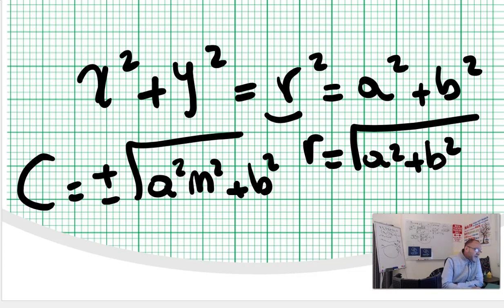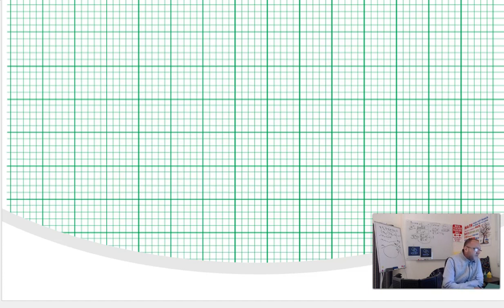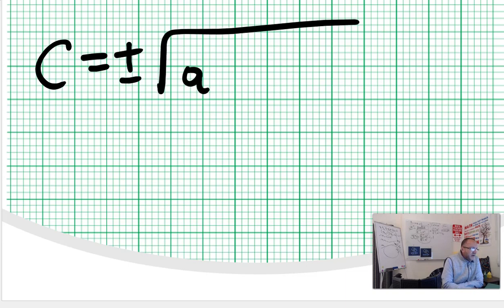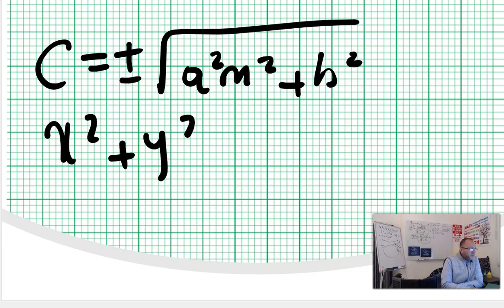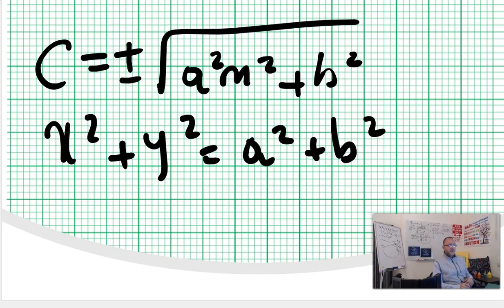And for a line to be a tangent to an ellipse, it has to fulfill this condition, C equals plus or minus the radical of A squared M squared plus B squared. Now I can put X squared plus Y squared equals what? R squared, or A squared plus B squared. That's all there is to this.